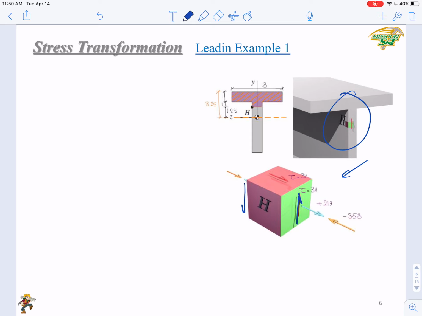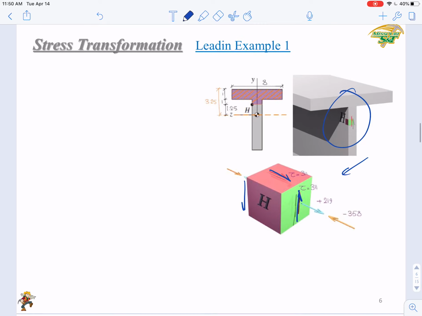As we explained in the last chapter, regarding the characteristics of a three-dimensional stress element, you have another tau component on top in the positive x direction, and its value equals the vertical shear stress. It's also 311. And to balance this one, you will have another component on the bottom pointing in the negative x direction.